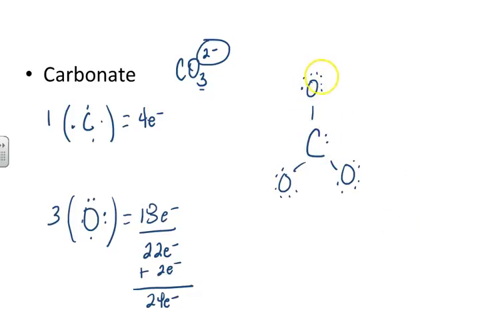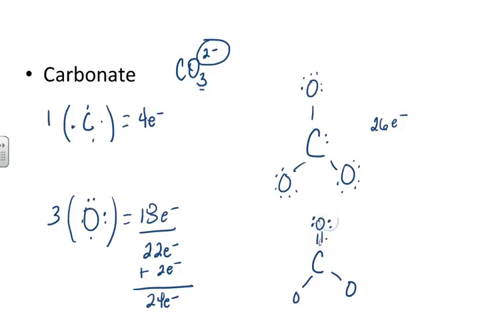That gives 2, 4, 6, 8, 10, 12, 14, 16, 18, 20, 22, 24, 26 electrons. So we need to put in a double bond. It has to go between a carbon and an oxygen. It doesn't matter which one it goes between. Put in 1 double bond. That should lower the number from 26 down to 24.